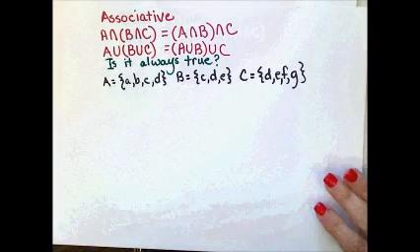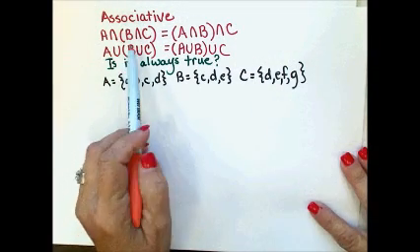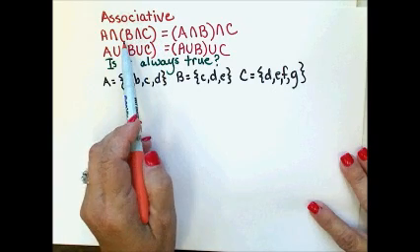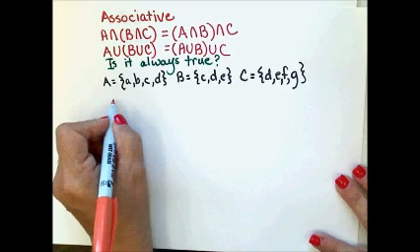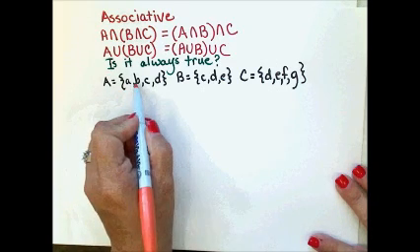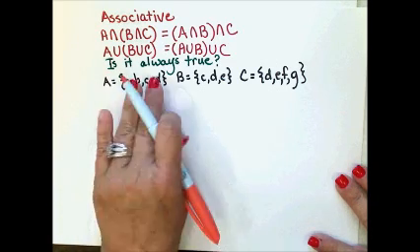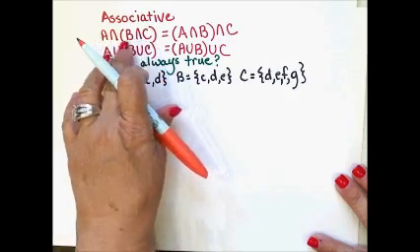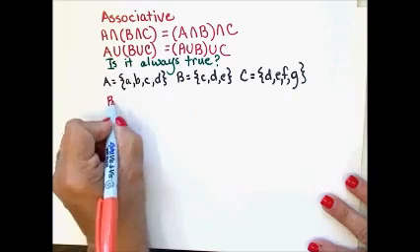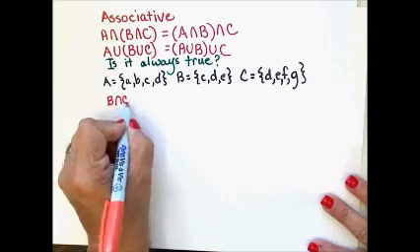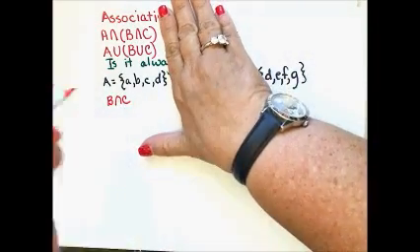What we're going to do is what's in parentheses first. So I'm going to take A, and that would be this set. Then I'm going to do B intersect C first.